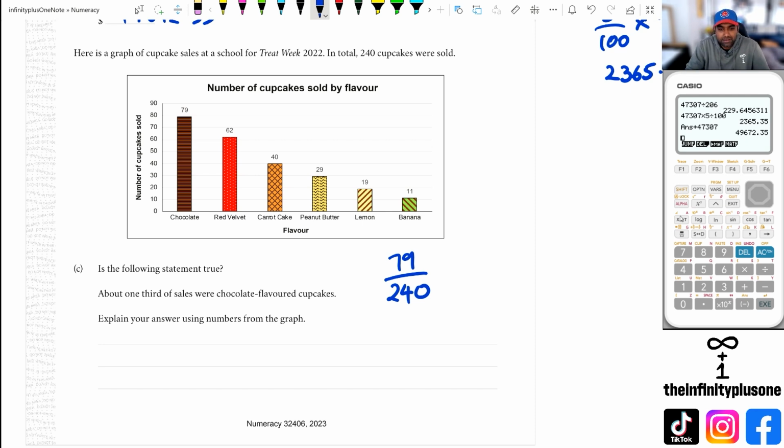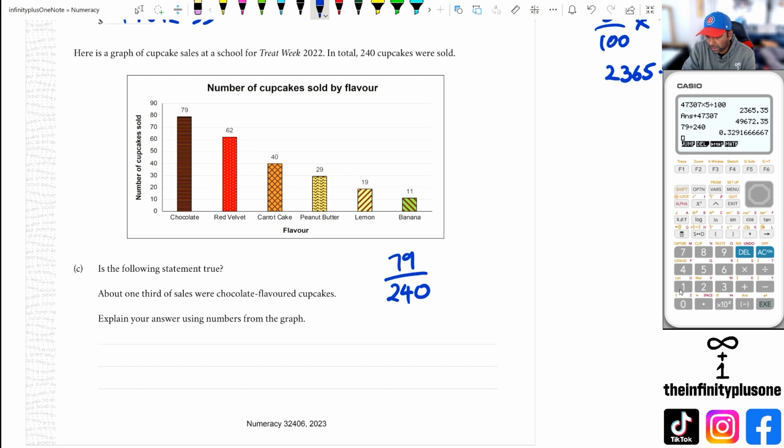Again, this comes back to what we were talking about earlier: you can accept this claim or reject this claim. The way you do that is 79 over 240, which is going to give you 0.3291. Now you're like, well, what?